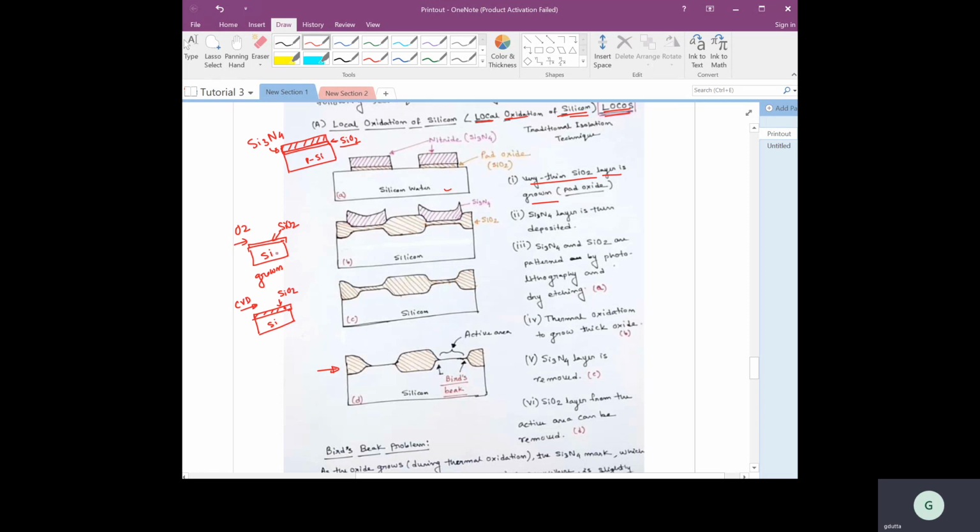So in the formation of silicon dioxide from silicon, this silicon is being consumed from the silicon wafer itself. However, to form this silicon dioxide by deposition, the silicon in this silicon dioxide will not be consumed from this silicon wafer, but it will be coming from the deposition technique itself, right?